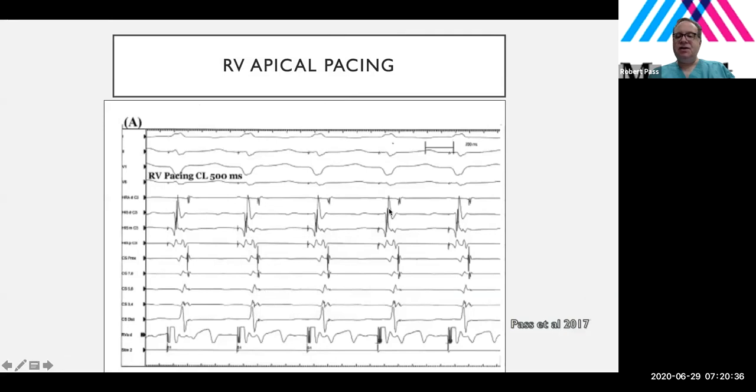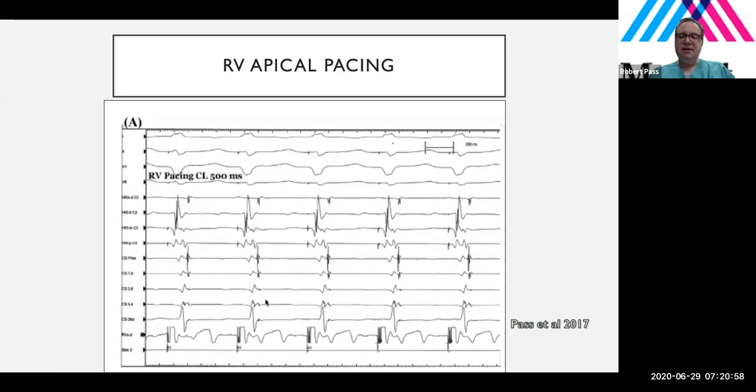This is an image from that paper showing that when we pace the right ventricle and look at the coronary sinus, proximal to distal, the pattern looks fairly normal, meaning it looks concentric: earliest in the proximal coronary sinus, and later as we move more lateral.